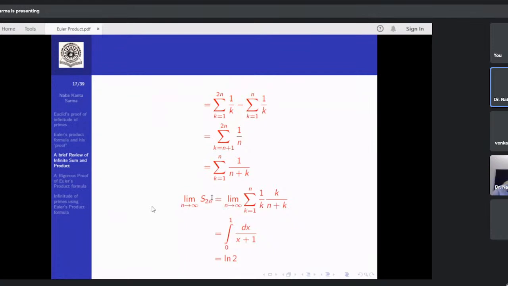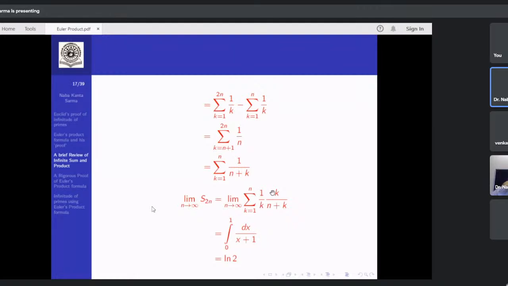Since we know in advance that the alternating harmonic series converges, even if this is a subsequence of the sequence of partial sums, whatever the limit of the subsequence is, it will also be the limit of the whole sequence. So it is enough for us to find the limit of S_2n. It is important to know in advance that the series converges.